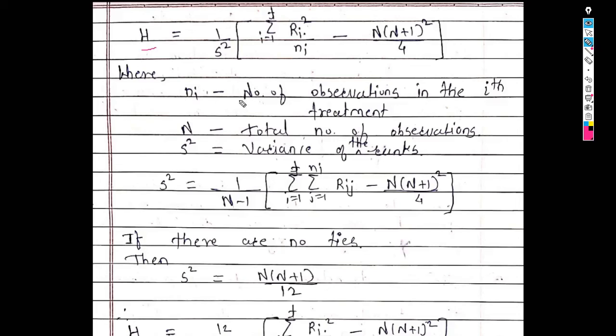Here ni means the number of observations in the ith treatment, N is the total number of observations, and S² is the variance of the ranks.